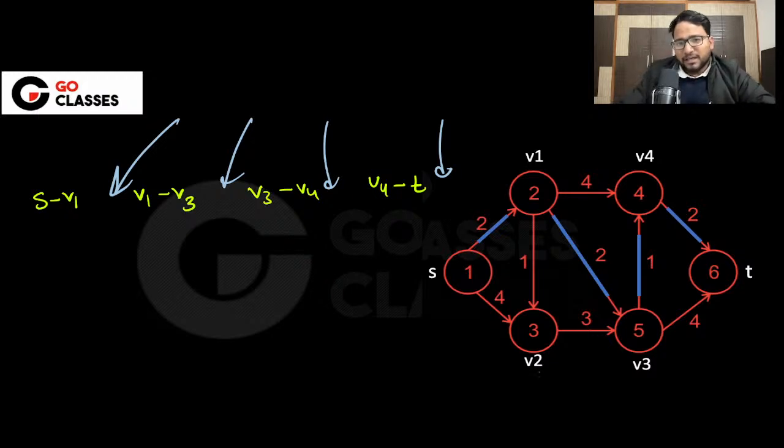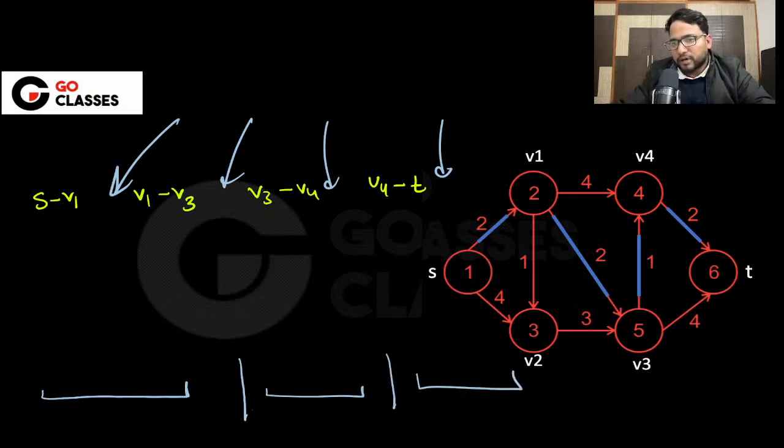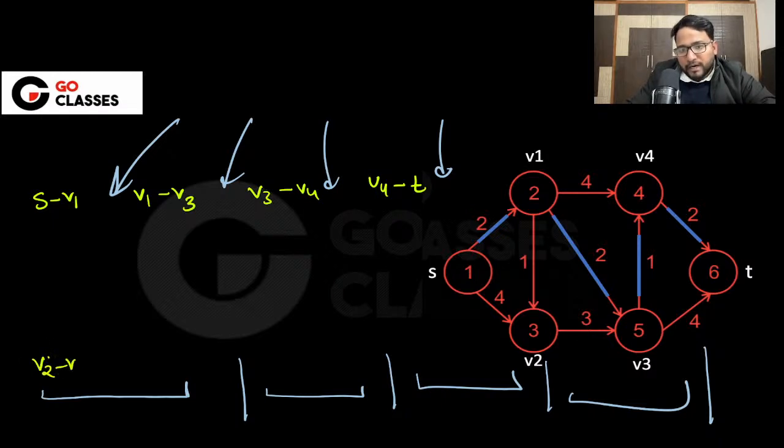Now suppose I say that you run it multiple times. This is the first iteration, this is the second iteration, this is the third iteration, the fourth iteration, and so on.